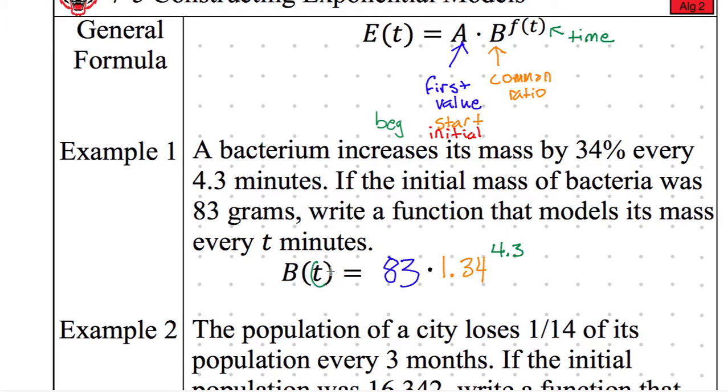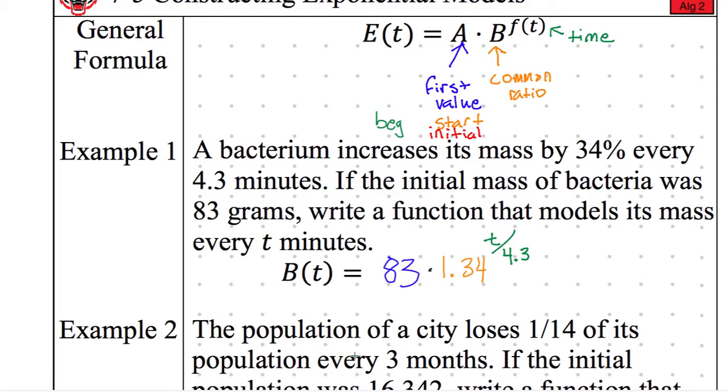You need a t in there as well because this is a function with respect to t. 4.3 is in the answer though, so you have that part correct. 4.3 does something up here. You gotta choose, James. Who's gonna help you out? t divided by that 4.3.